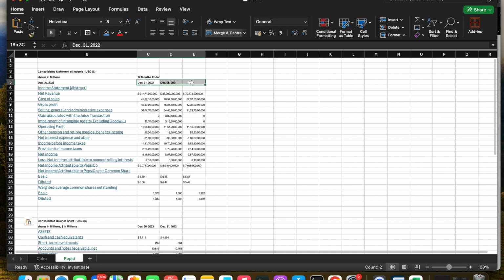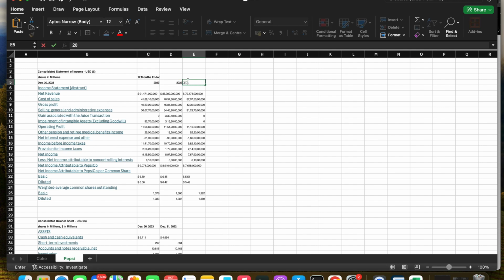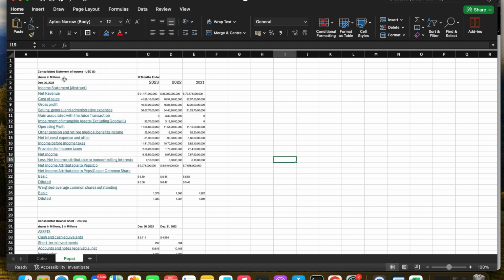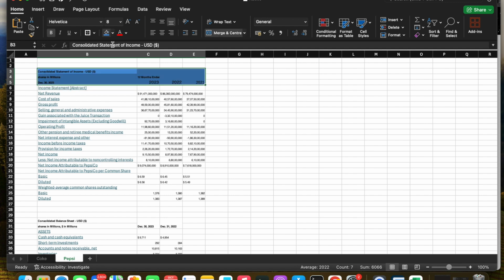So now you can see I have the raw data in my Excel file, and now I'm going to put the years on it: 2023, 2022 and 2021. Now I'm going to bold the data and change the font here as well. I'm just trying to make the financial statement a bit more beautiful, so I'm adding some color.